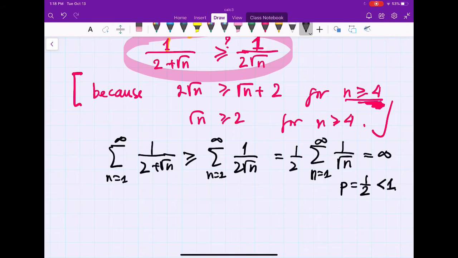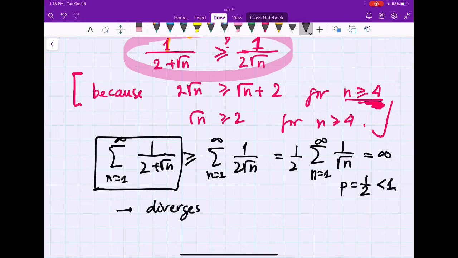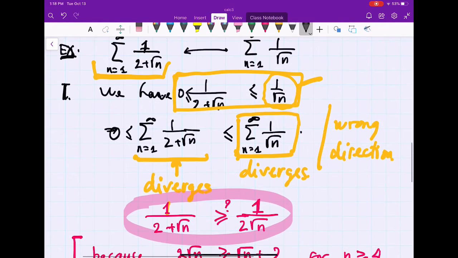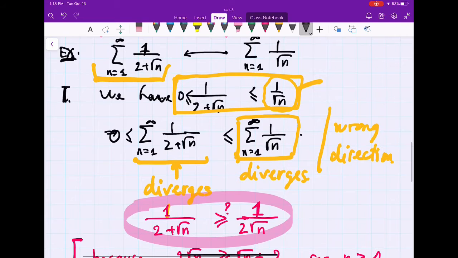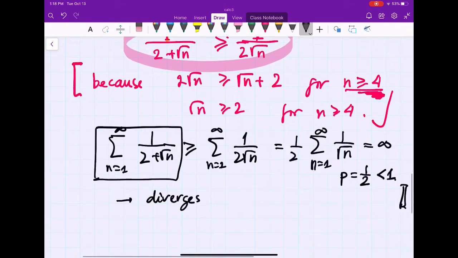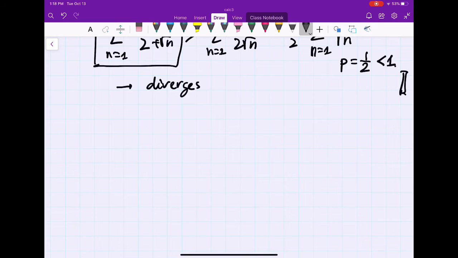So that means this series diverges to infinity. Does that make sense? So you see, sometimes we might make these mistakes. At least at first I did that, but we predict that these two series should be related, right? So if we use comparison, you can see the following.